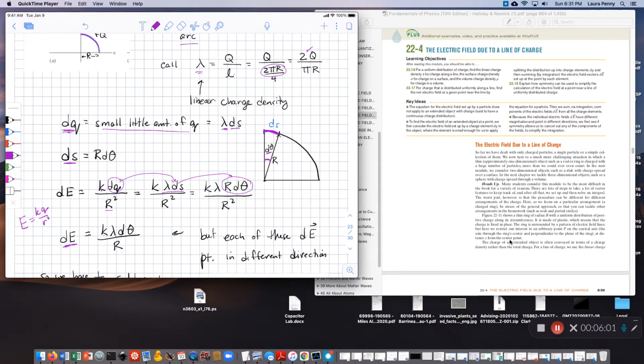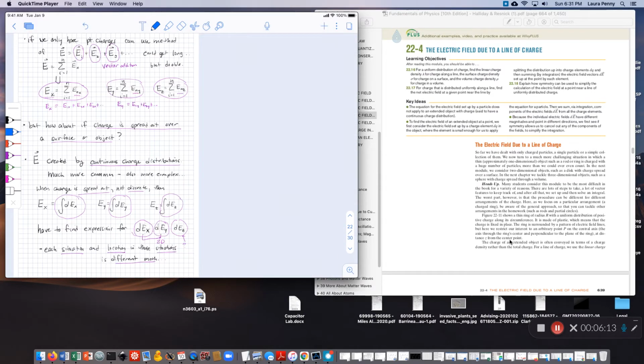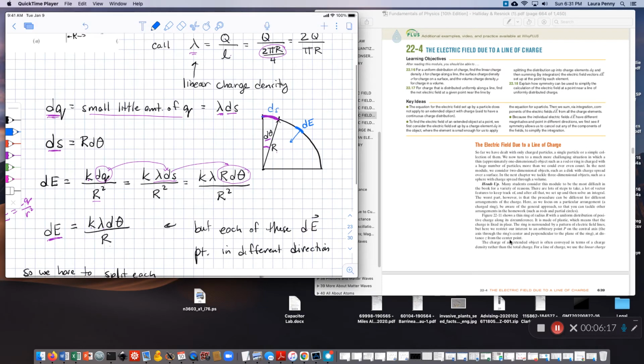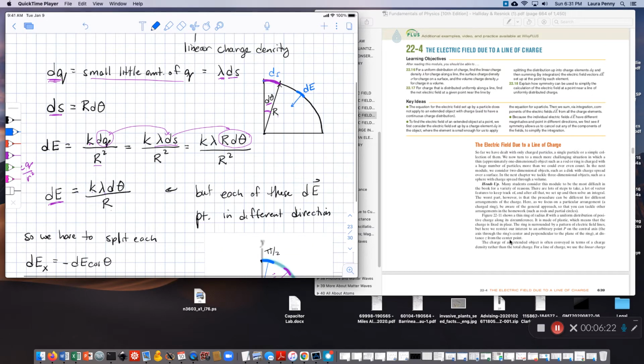That's my little dE. Each of these little parts up here, I can draw one here. There's a little electric field being produced by this, and it's equal to k, which is just our Coulomb's constant, times lambda, the linear charge density, times d theta over R. Now, I can't just integrate each of these little dE's.